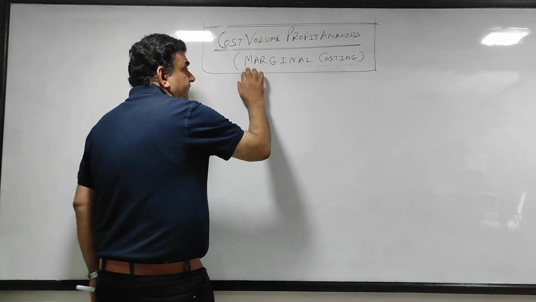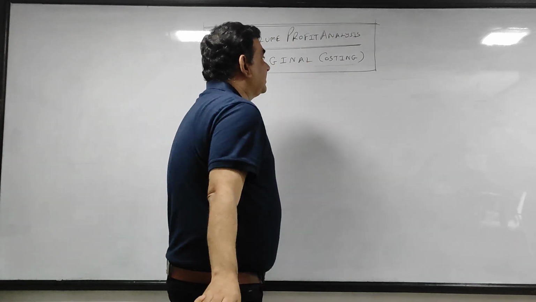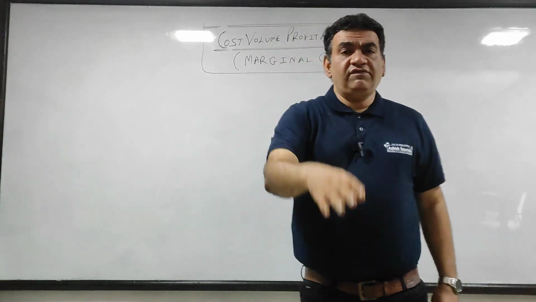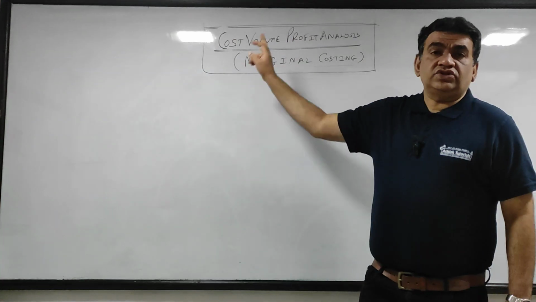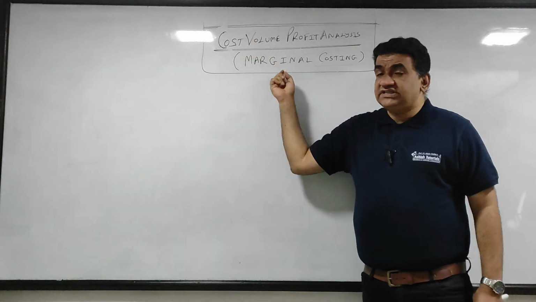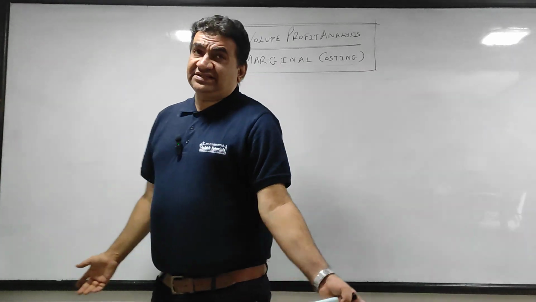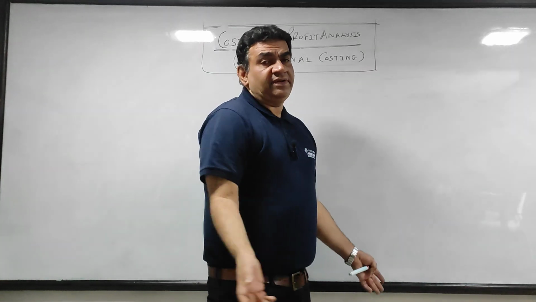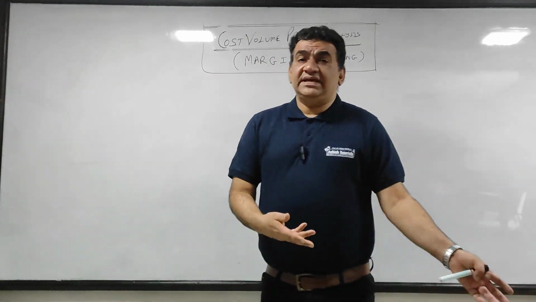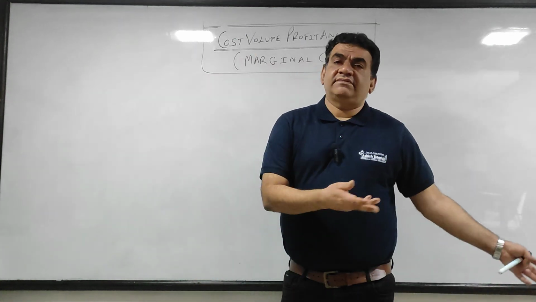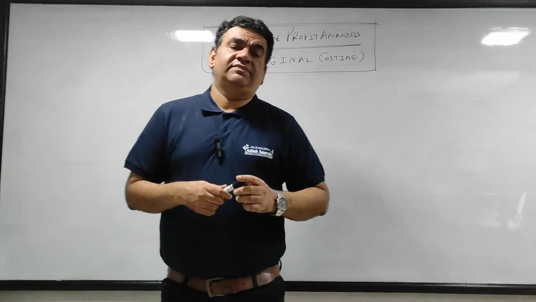Now, as I told you, the alternate name of the chapter is marginal costing. For the rest of the session, forget the name cost volume profit analysis. Just keep in mind marginal costing. Now costing you are all studying: TY.B.Com, you are in the first year, BMS you are studying for the first time, BAF students you are doing costing on a regular basis.